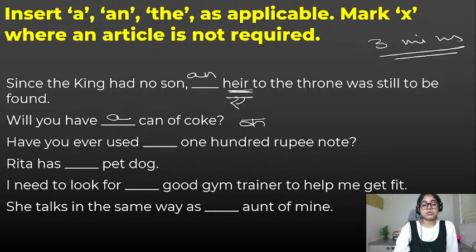Have you ever used dash 100 rupee note? Now very misleading है तो ये vowel, but sound क्या है इसका v, which is a v sound. This is not a vowel sound, so इधर लगेगा a.